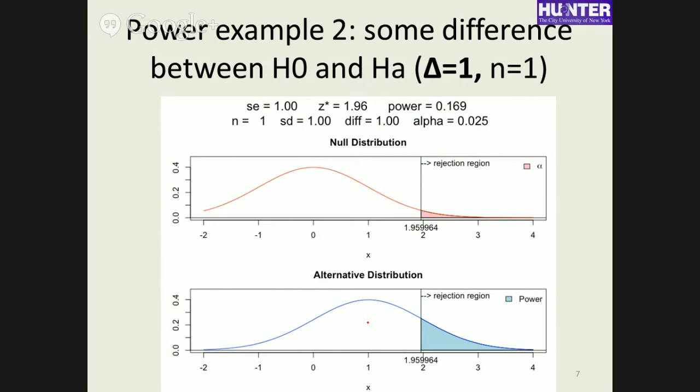To recap, this is not from a sample. You're assuming that there's a delta. That's right. We're assuming that the difference in means, or in z-scores, for the middle of the distribution is 1.